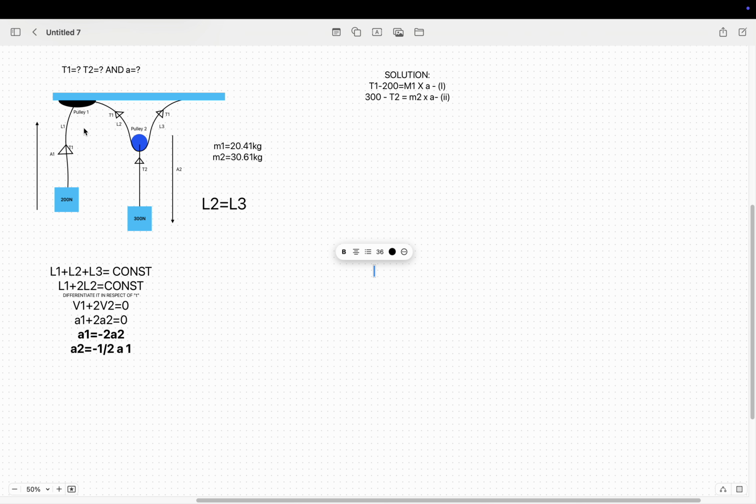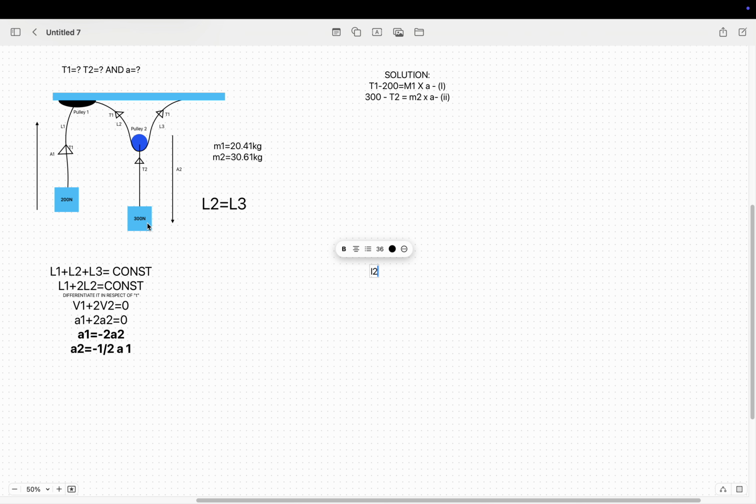Why? Because this is a length, and this is another length divided at the same pulley. The pulley is in the middle, so the tension is divided due to the length, and here is tension T2 for the second object.